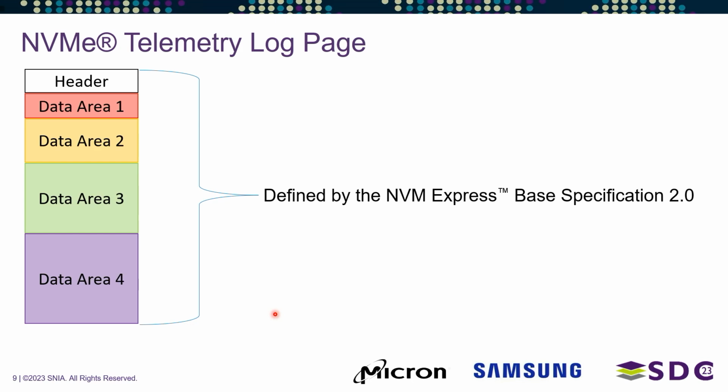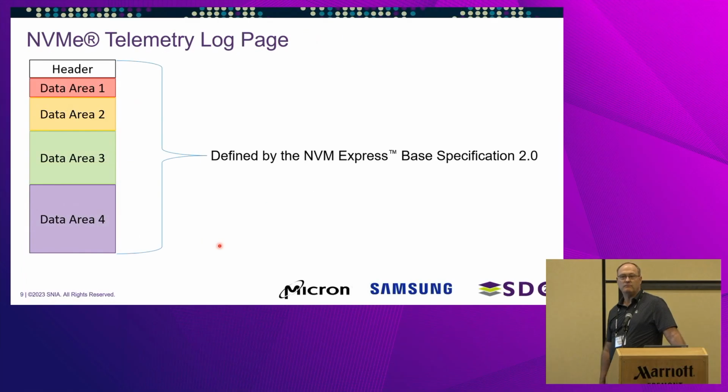I do want to say, though, that there is a new technical proposal that's been ratified, TP 4109, and what that allows you to do on the host-initiated telemetry log, when the host sends the command to go read that log, which it can also say, go capture the log on the host initiated, he can pass in the data area that is supposed to be the highest number data area to be captured.